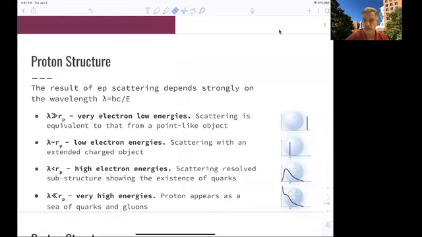If we increase the energy of the electron, we can see that there's an extended charge distribution in the proton. Further increase then allows us to resolve the fact that the proton is made out of 3 quarks. And if we increase the energy further, we see a lot of new particles appearing, quarks and antiquarks and gluons, which make up the structure of the proton.